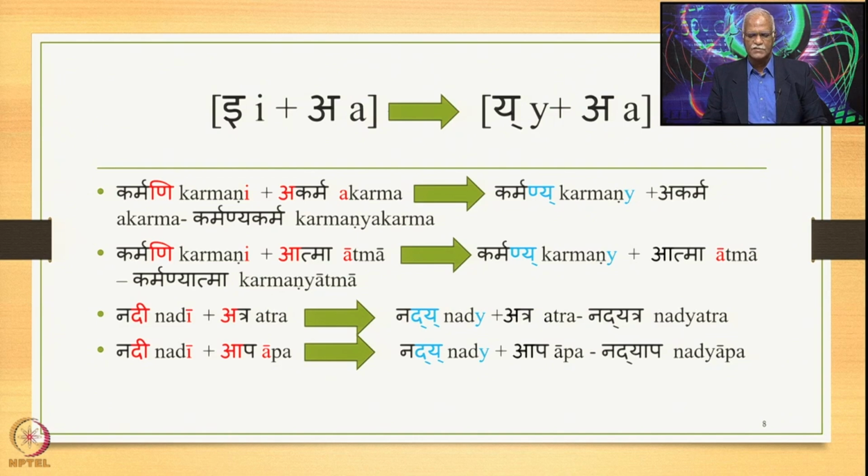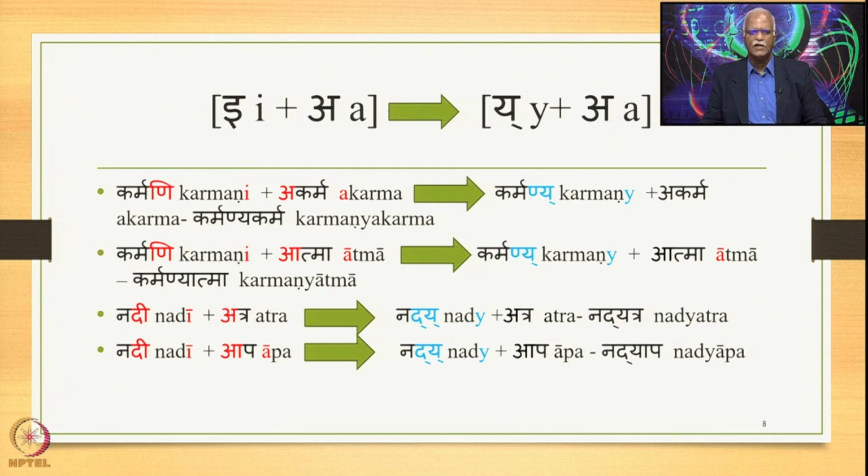Now in this case we have the long variety of E, which is represented by short E in the 14 sutras, but now even long E would become the subject of 6177, and that rule will apply on long E and will generate the output in the form of Y plus A, etc.